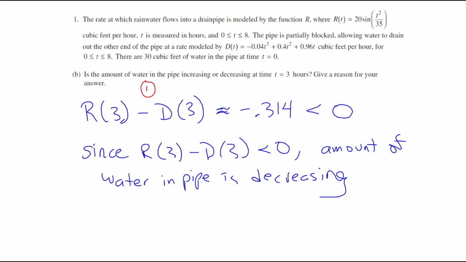And we can give ourselves 2 points there for this. One for, like we said, considering r of 3 minus d of 3, and one for the explanation here and the actual answer that it's decreasing.